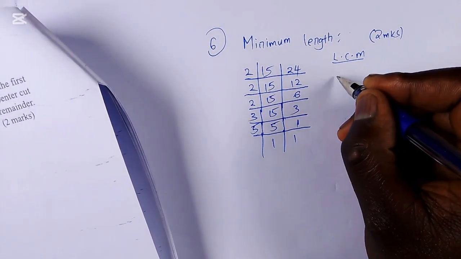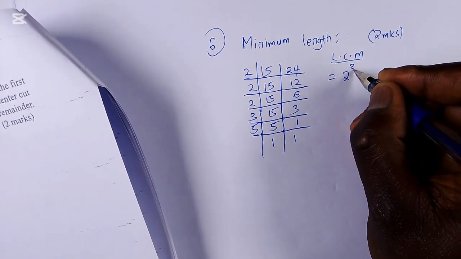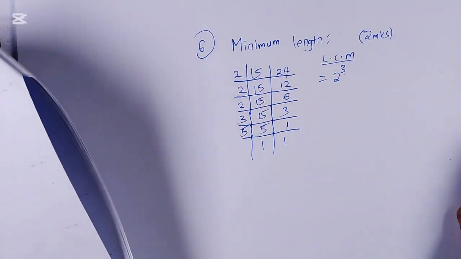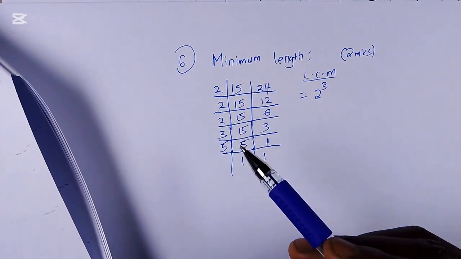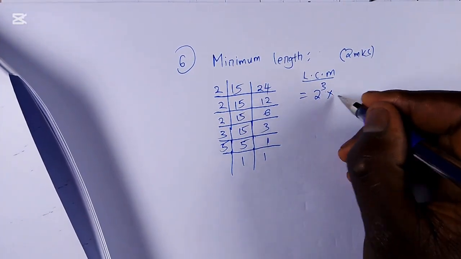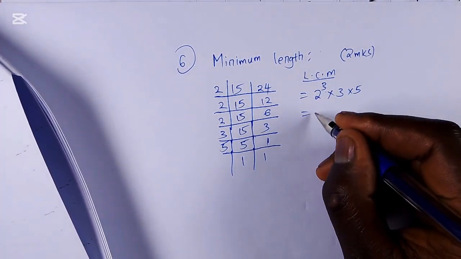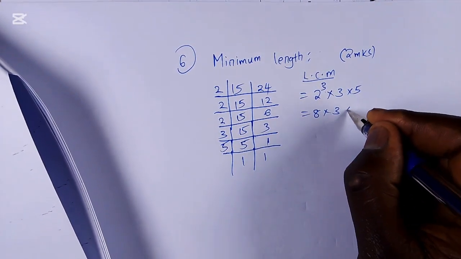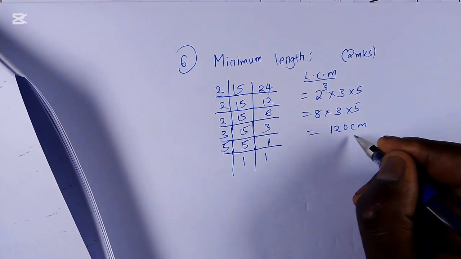So our LCM will be equal to 2 cubed, that is 2 times 2 times 2, which is 2 to power 3, multiplied by 3 multiplied by 5, and that will give us 8 times 3 times 5, which is equal to 120 centimeters.